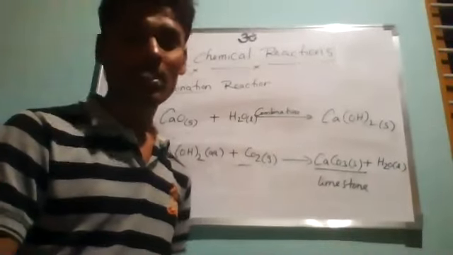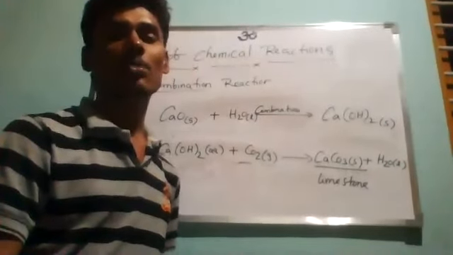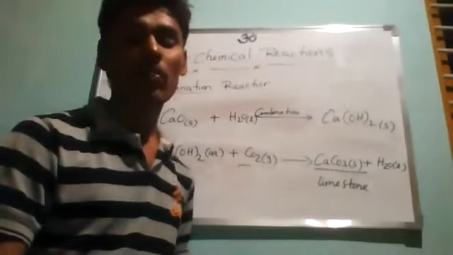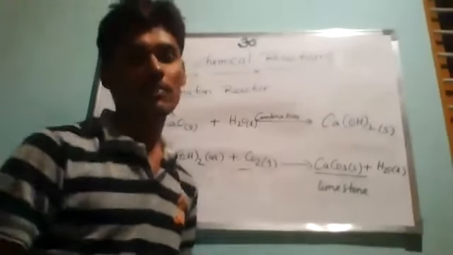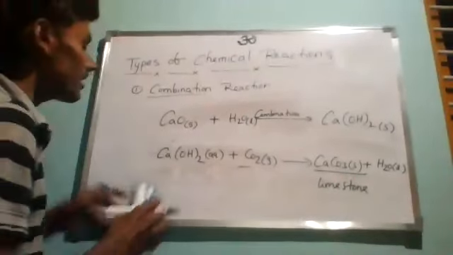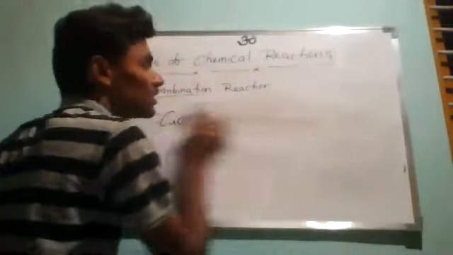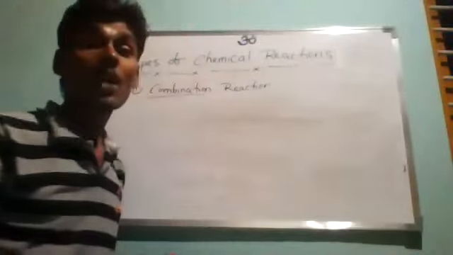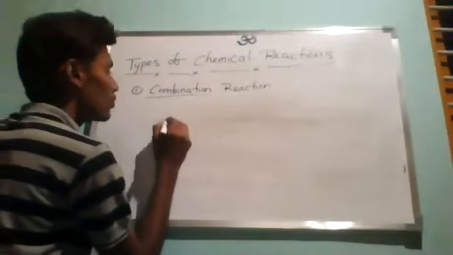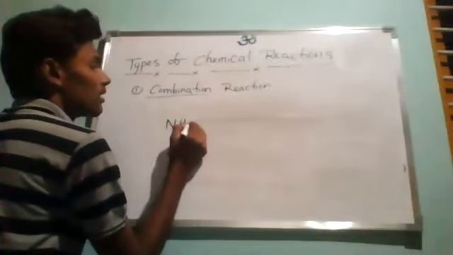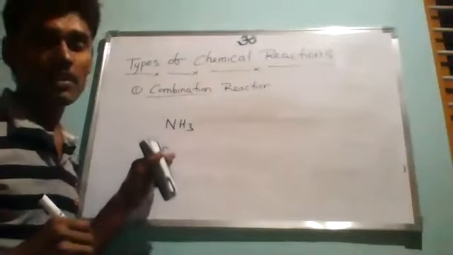Now, this is the first example for compound plus compound reacting together and forming a single product. Now, the second example of compound plus compound in a combination reaction is ammonia. We know that ammonia formula is NH3.